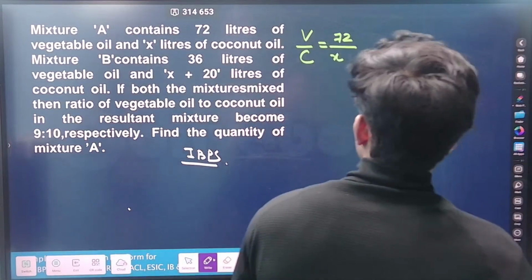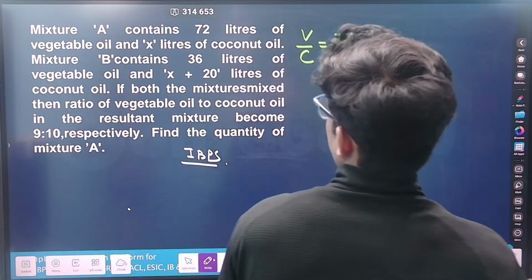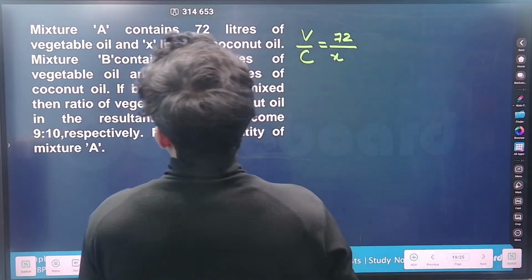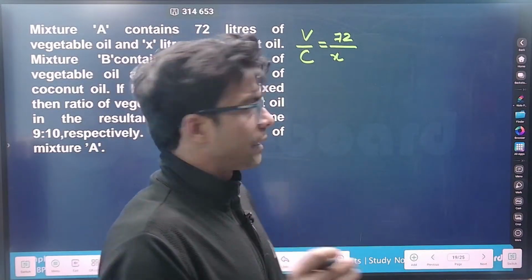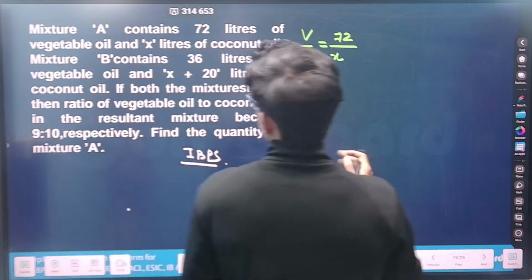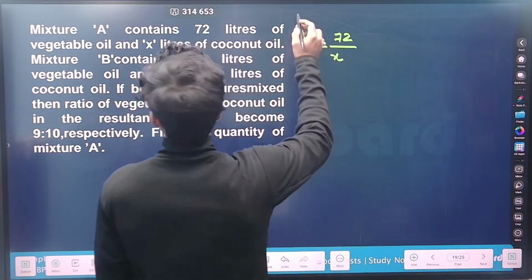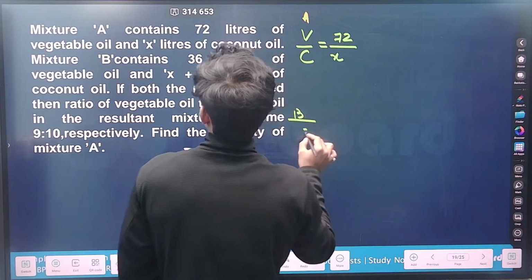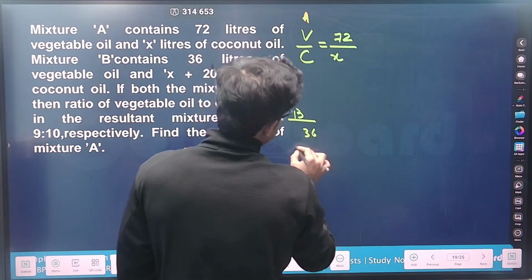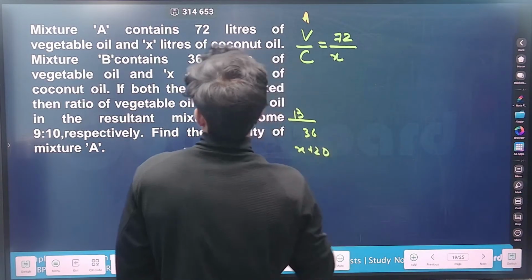Sorry, vegetable oil 72 and X liters of coconut oil. B contains 36 liters of vegetable oil. This is of A, na? Let's talk about B. B contains 36 liters of vegetable oil and X plus 20 liters of coconut oil.